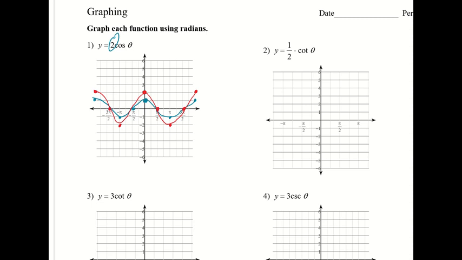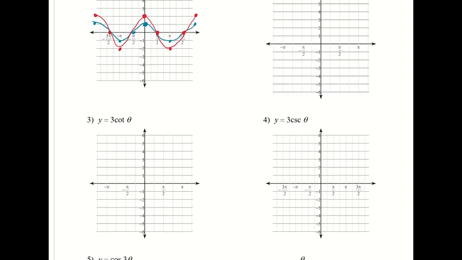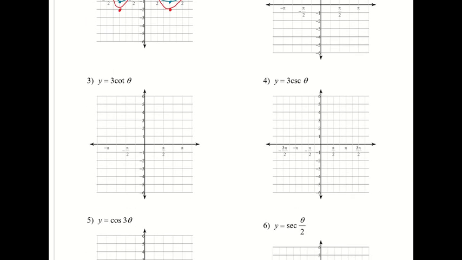The same thing will happen for secant and cosecant because they're based off of sine and cosine. So cosecant of theta is 1 divided by the sine of theta. So what I want to do with this is let's graph 3 sine of theta first. Now our sine graph works in a way where we have our y-intercept as 0.